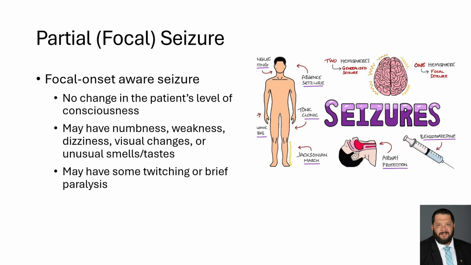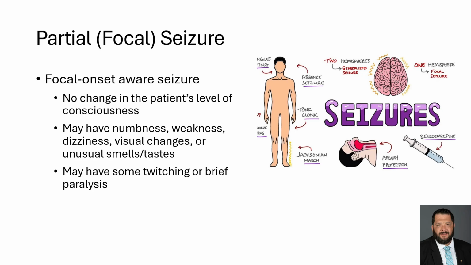So the patient may be scared. The patient may not understand what's going on, especially if this is a new onset seizure. So it's important to provide support for these patients, especially emotional support. If the partial seizure is impacting the patient's airway, then airway protection is going to be extremely important here.